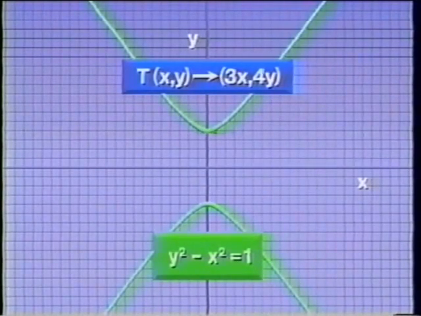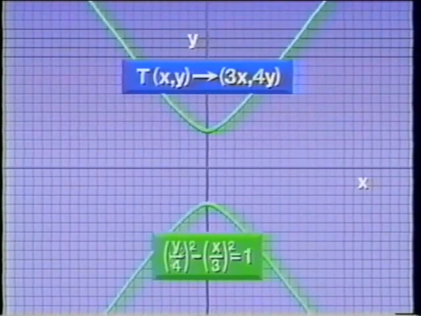We are multiplying x and y by the factors 3 and 4 in the dilation. So we simply divide by those factors in the equation, x over 3 and y over 4.